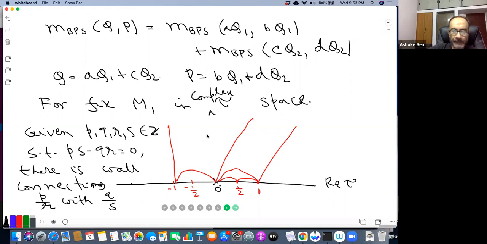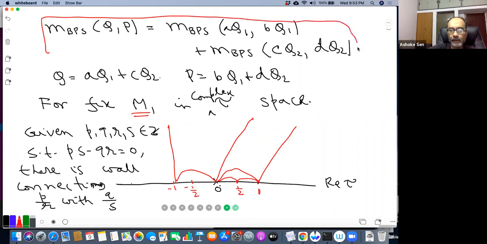Okay. Given an SL2Z matrix, you take this ratio P over R and Q over S. These are just rational points on the real axis, and there's a wall that connects them. If the point happens to be infinity, then these are straight lines. If the points are on the real axis, then these are circles. And the precise shape of the circles and straight lines depends on M. But it's completely known, and it's known by solving this formula, that it should be marginally stable, right?